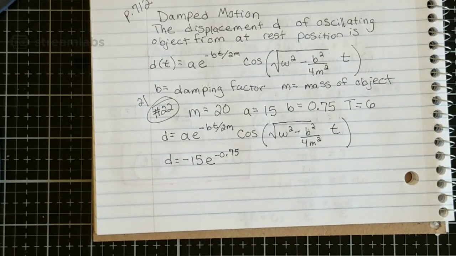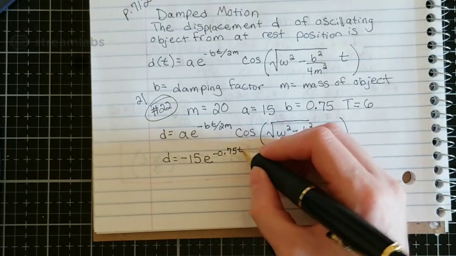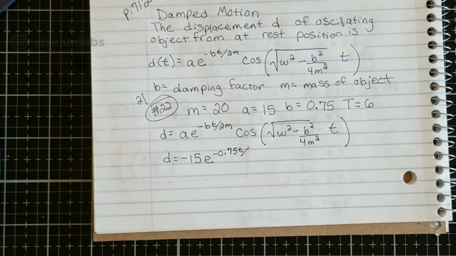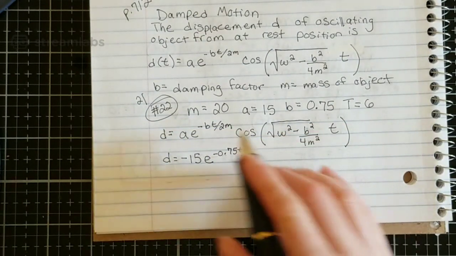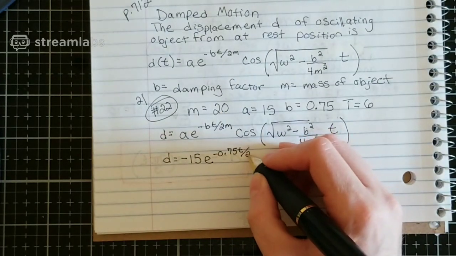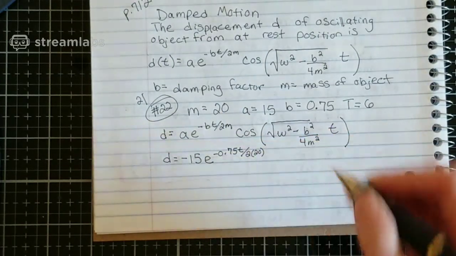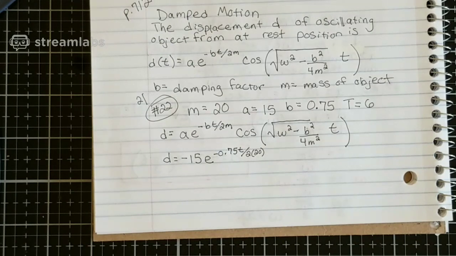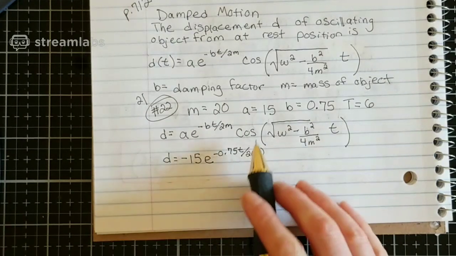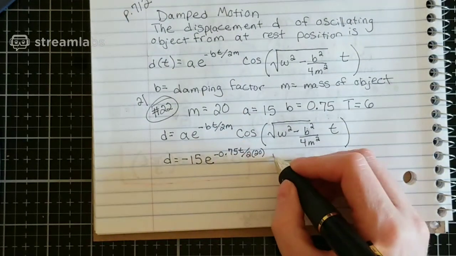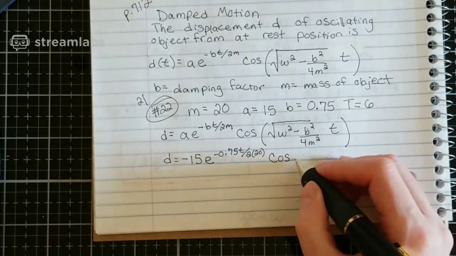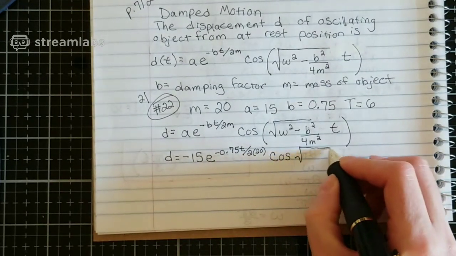Okay, we do not know T, so we're going to leave the T the same. T divided by 2, and then the M is 20. All right, and then we have that cos there. We got our square root thing here.